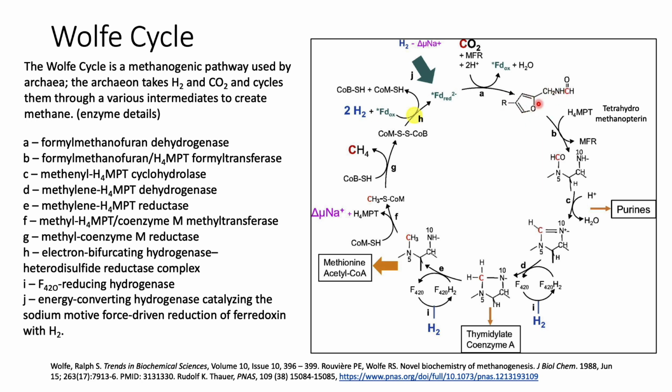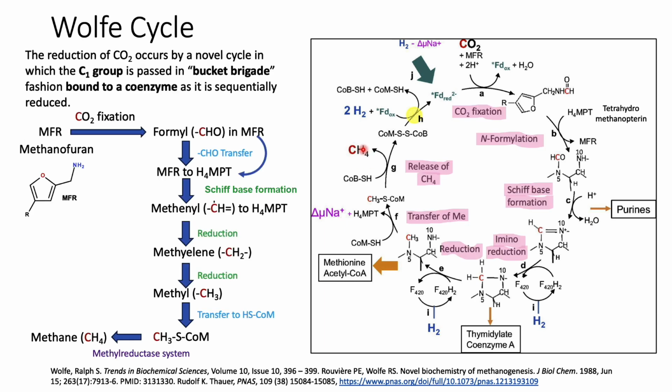So this is furan and the formyl group is present here. This undergoes various steps to give finally methane. Hydrogen is produced here and methane is produced here. So the carbon dioxide is getting converted through all this process to methane. So that is what is called the Wolfe cycle. We will be looking at each chemical reaction that is happening here.